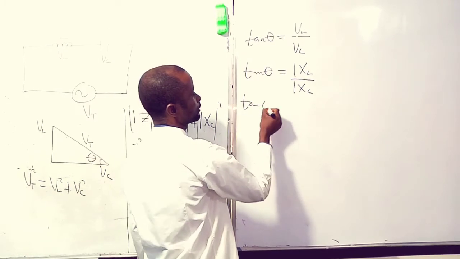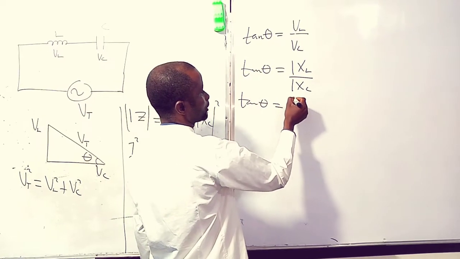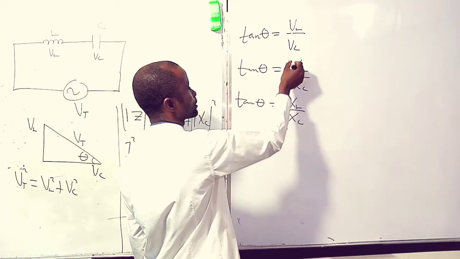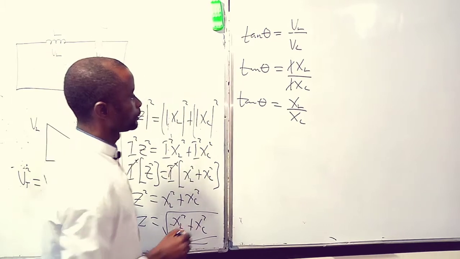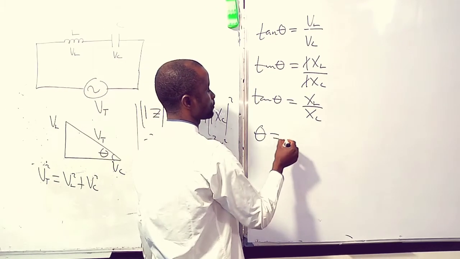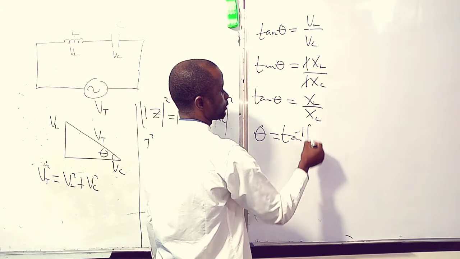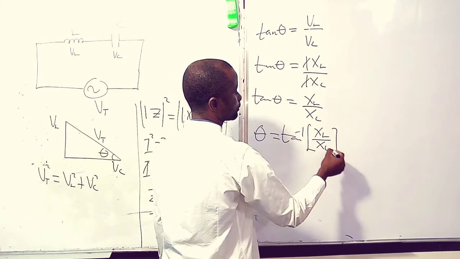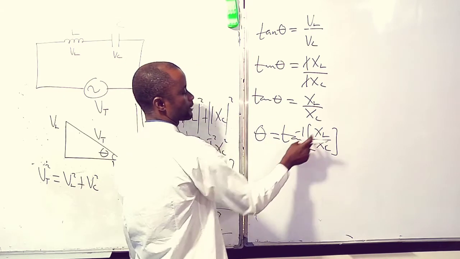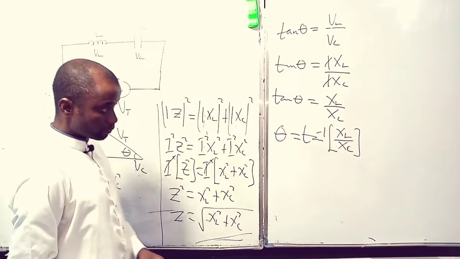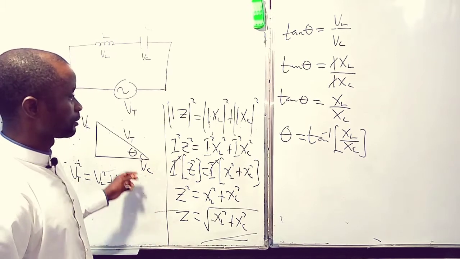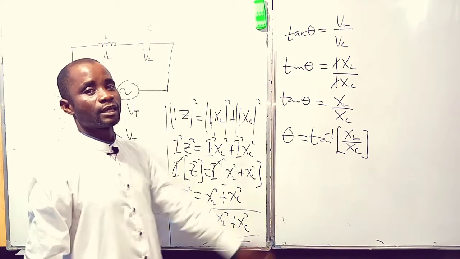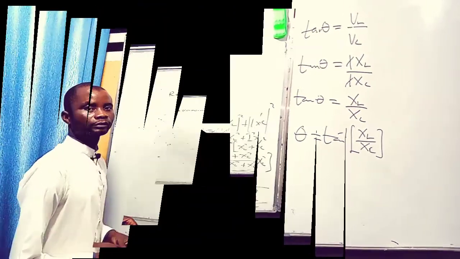Therefore, tan theta is equal to XL over XC, where I goes with I, that is current. Now, theta is equal to tan inverse of XL over XC, where XL is the inductive reactance and XC is the capacitive reactance, and theta is the phase angle of the circuit.